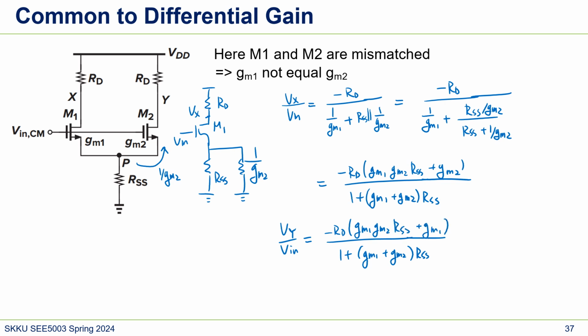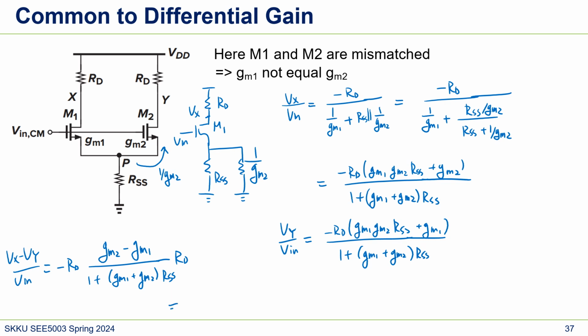So with these two, Vx minus Vy would be minus RD times 1 plus GM2 RSS, and minus GM1 times RD.